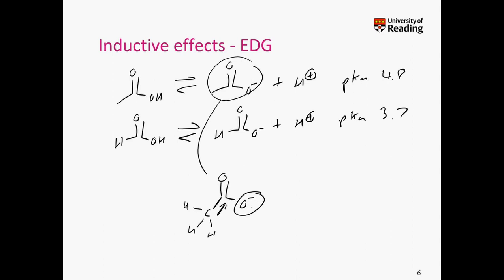Whereas before, with the electron withdrawing group, we were taking the electron charge and spreading it out within the molecule, here we're actually pushing more electrons towards that charge, which makes it less favourable and less stable, and therefore not as strong an acid. So when we look at these two pKa values, we see that the methyl carboxylic acid is not as good an acid because of that pushing in than if you just have the hydrogen there.